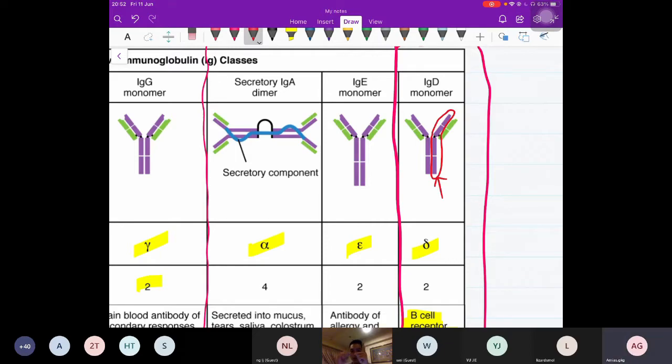This one is created after 1 round of VDJ recombination. Okay, I repeat. You have 2 heavy chains on your B cell receptor. One of them is made after 1 round of VDJ recombination.